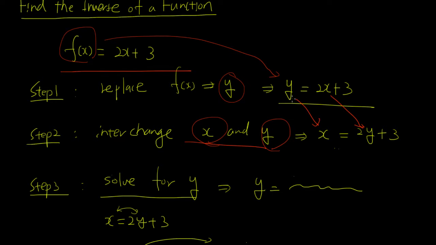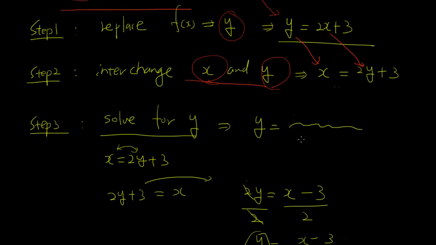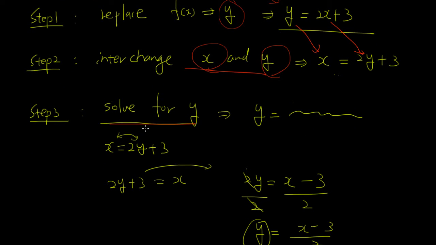So just flip y to x and x to y. And then solve this for y, right? So we write this equation as y equals something something. So we did that.